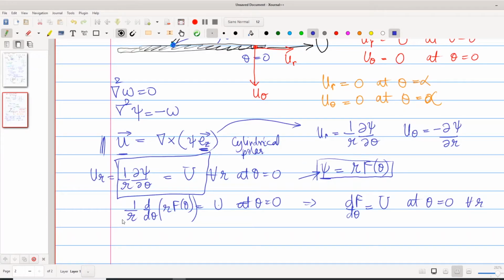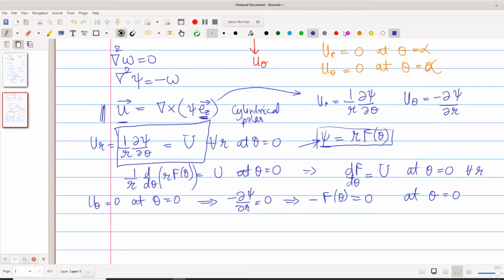Then what is the second boundary condition? u theta equals 0 at theta equal to 0, essentially implying minus del psi del r equals 0, implying minus f of theta equals 0 at theta equals 0.